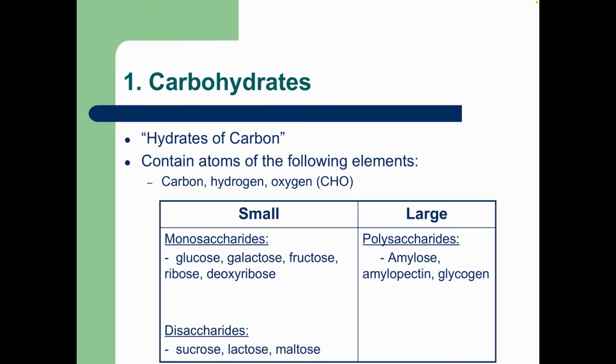Now we're going to take a look into each of the 4 macromolecules, starting off with carbohydrates. Carbohydrates are essentially hydrates of carbon. They contain atoms of the following elements: carbon, hydrogen, and oxygen. This is why carbohydrates are denoted as CHO: carbon, hydrogen, oxygen. We can have small and large carbohydrates.